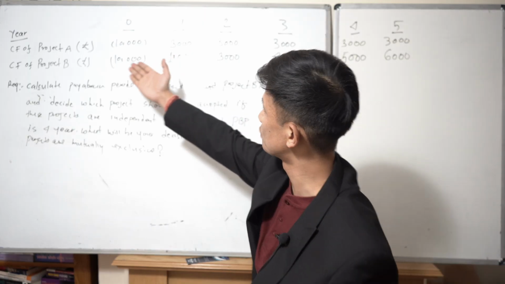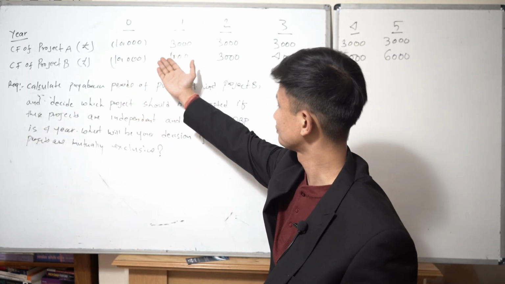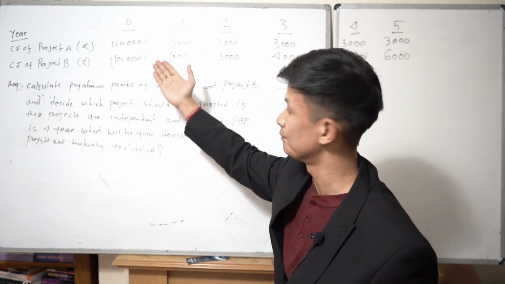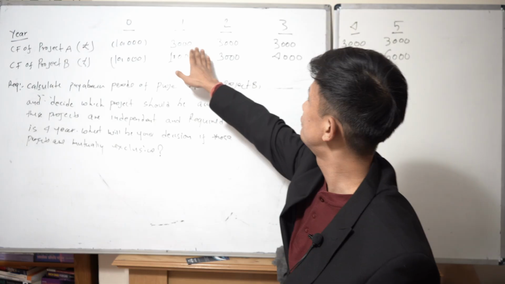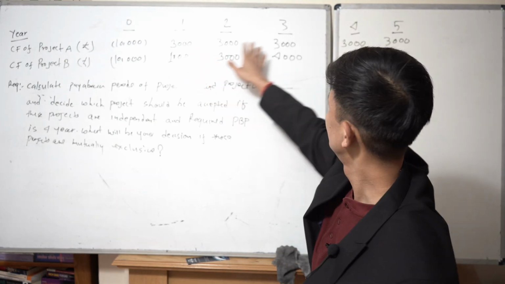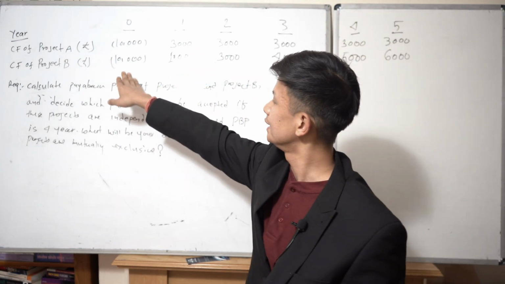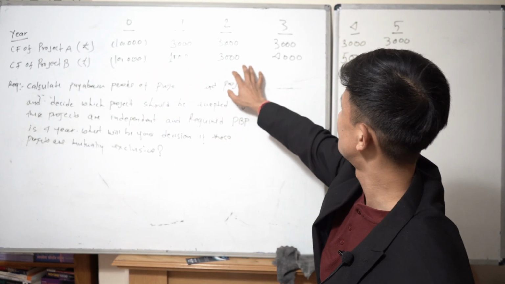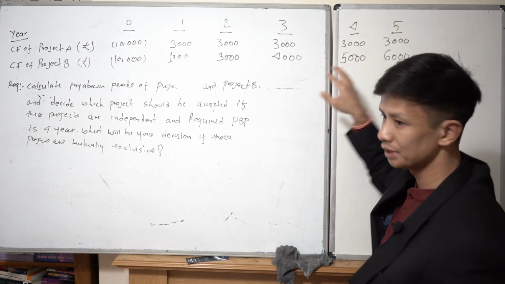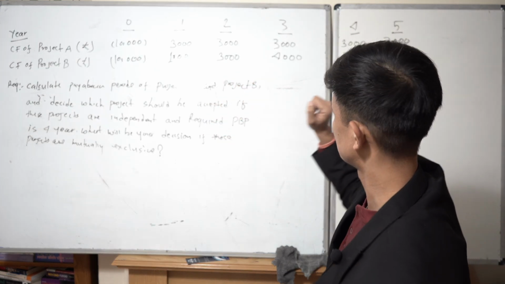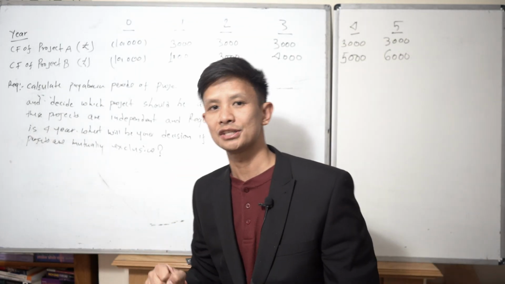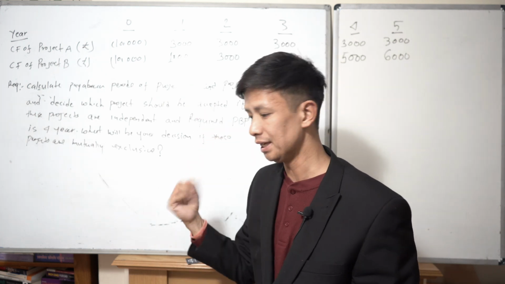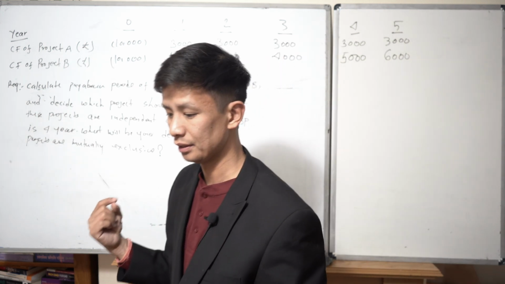For project A, the cash flow is 10,000, which is the initial investment for both projects, and 3,000 for each year. For project B, the cash flow is 1,000 for year 1, 2,000 for year 2, and so on. So there is a difference in the cash flow every year. We need to remember that project A's cash flow is the same throughout all the years.